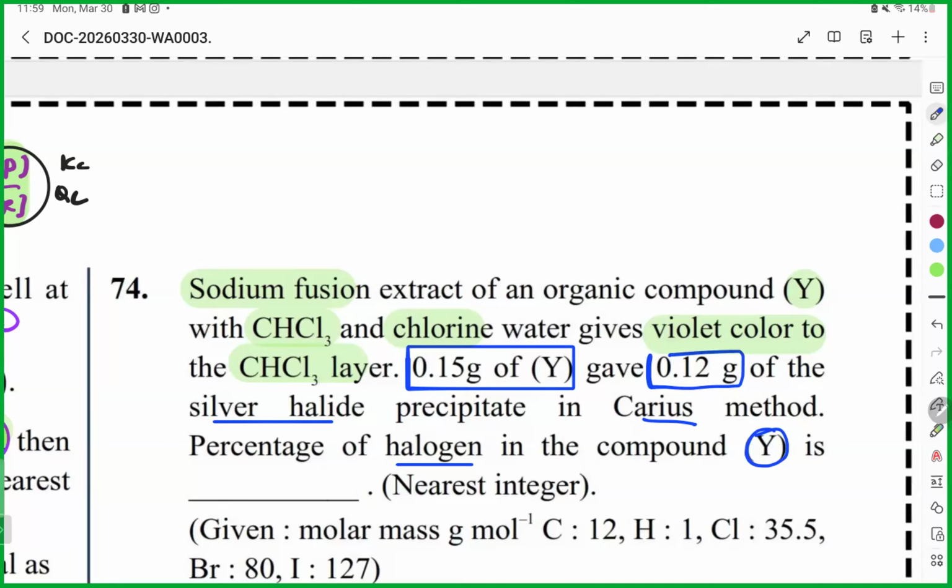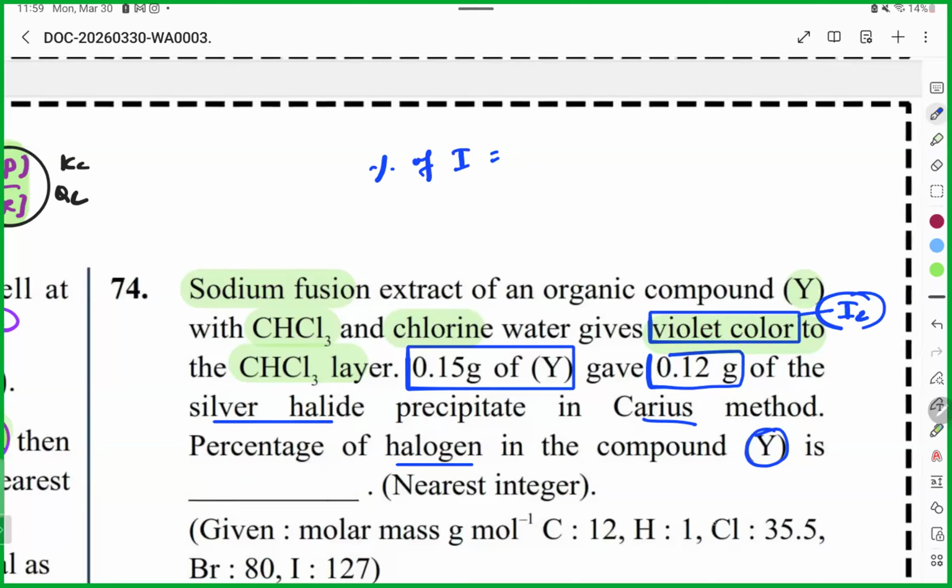This is direct mass based. Iodine gives violet color, by the way. If iodine gives violet color, then you have to calculate the percentage of iodine.